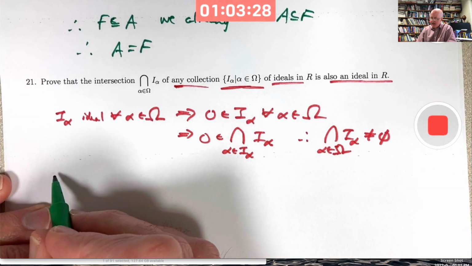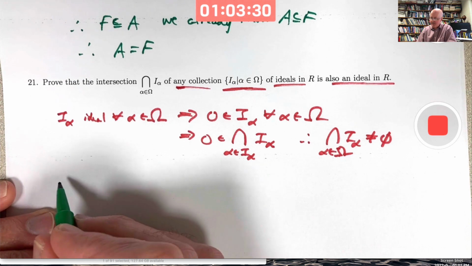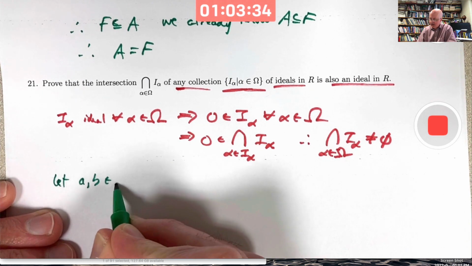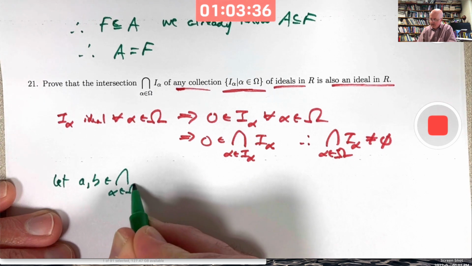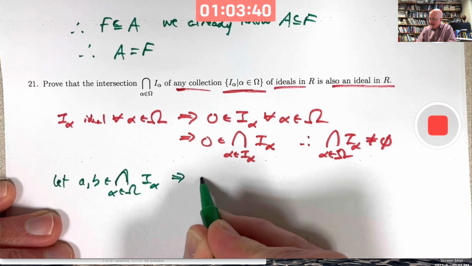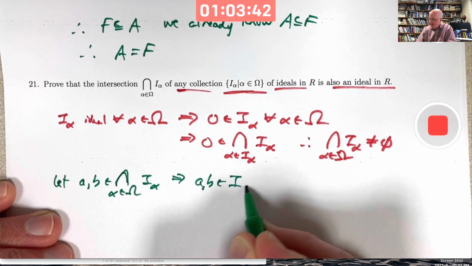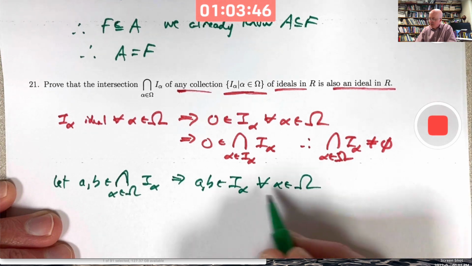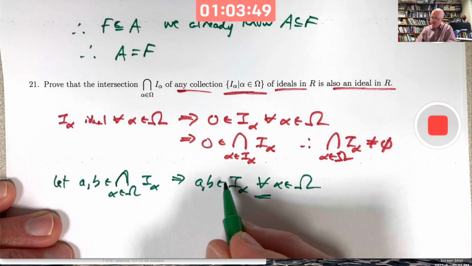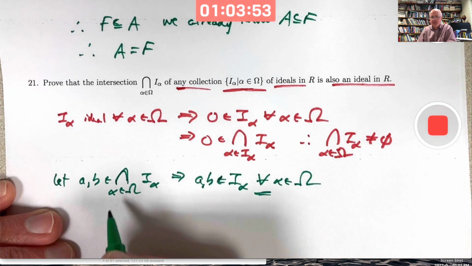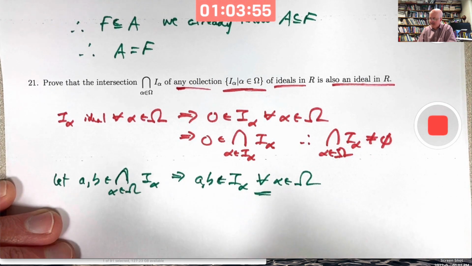Now let's prove it's closed under subtraction. Let little a and little b be in the intersection. That implies little a and little b are in each I alpha for all alpha in omega. It's important to do the quantifiers here. It's essential to do them. That's what it means to be in the intersection. It means you're in every set that is being intersected.